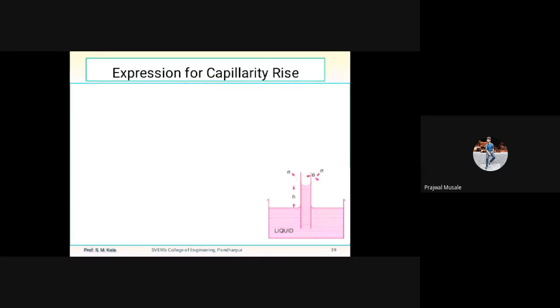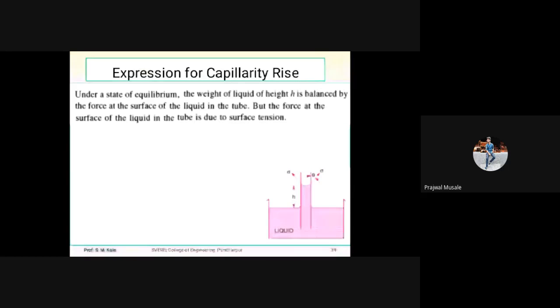Here, I have to find the expression for capillarity rise, that means I have to find the value of h. For that purpose, I have considered this capillary tube inserted inside water. Because of this rise of liquid, if I consider the equilibrium condition and draw the free body diagram, two forces will be acting.